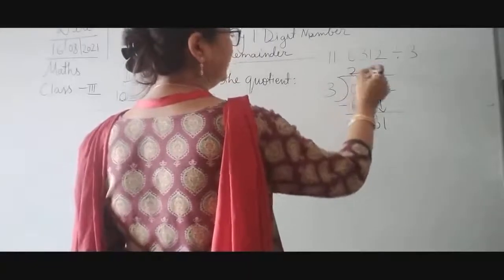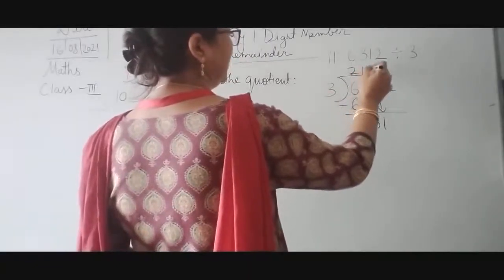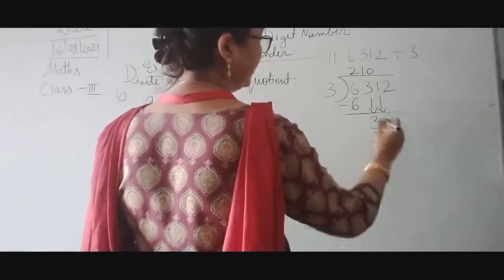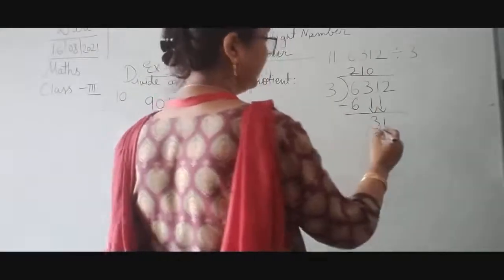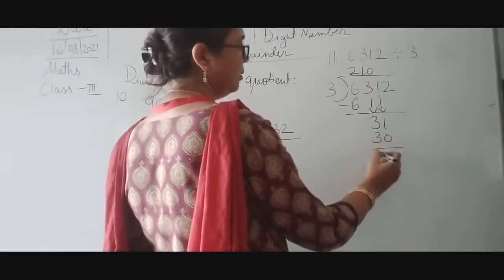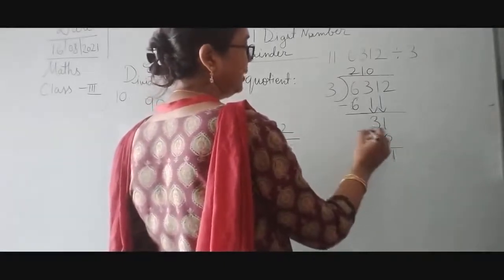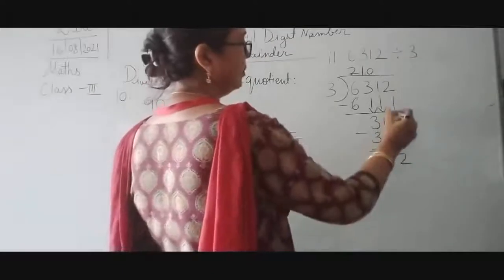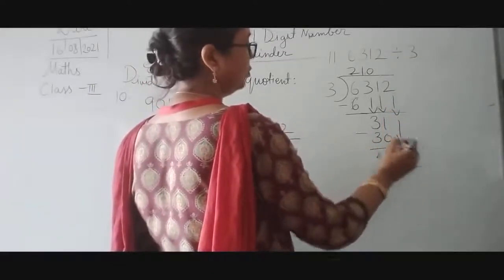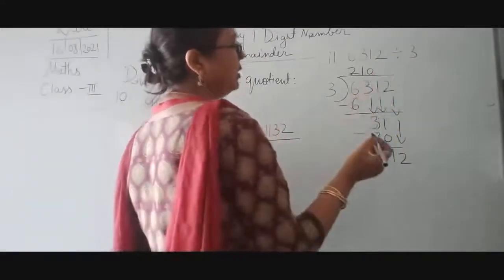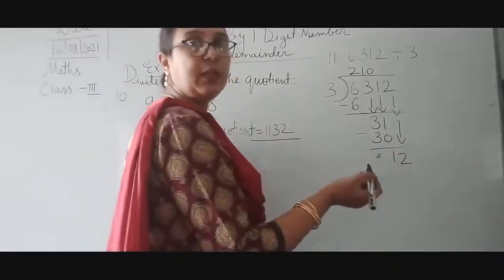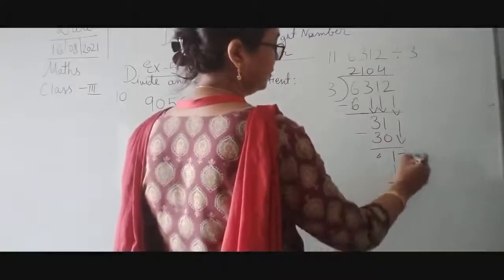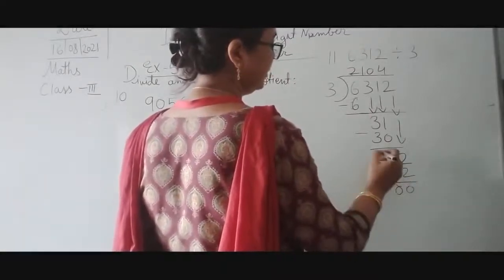So 3 tens are 30, we will get 1 over here, and then nothing will be placed over here, then we will write 2. This 2 we will bring down. So 3 ones are 3, 3 twos are 6, 3 threes are 9, and 3 fours are 12. The answer is 12 children.